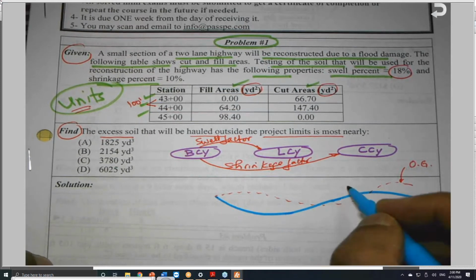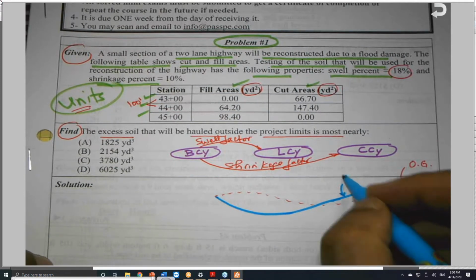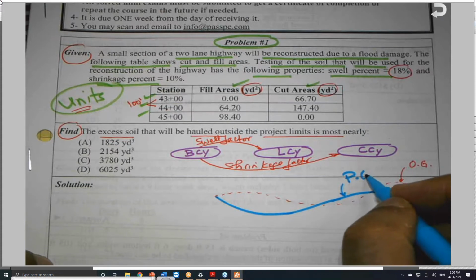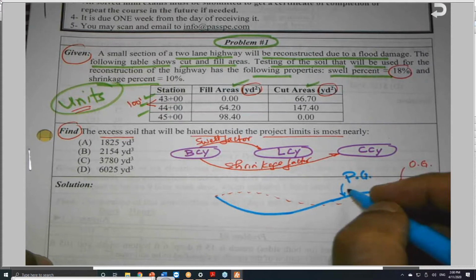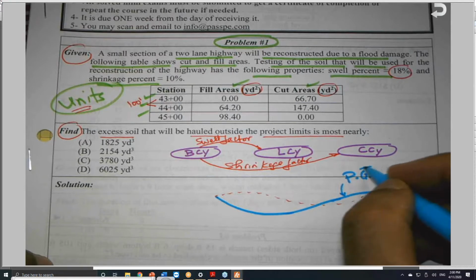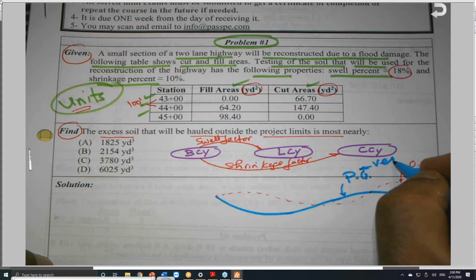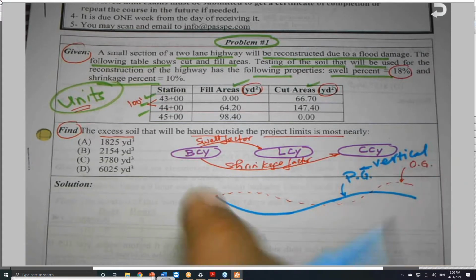We call it a profile grade, PG. This is a vertical alignment.